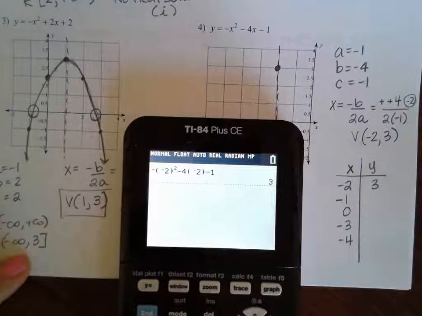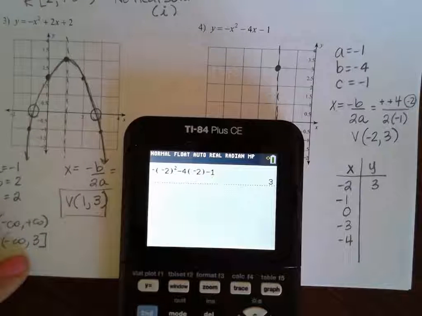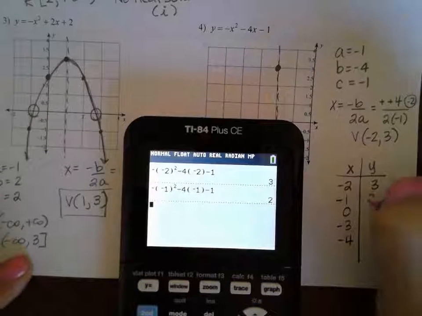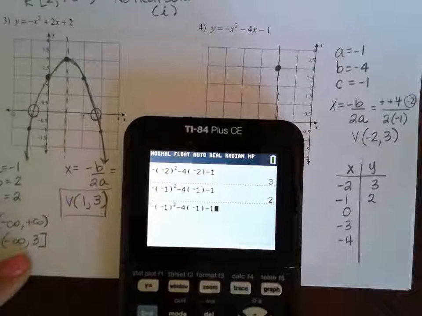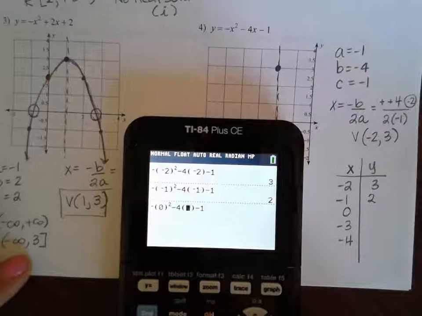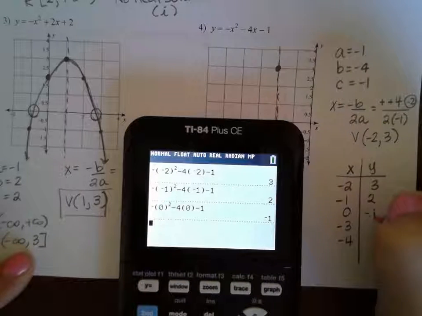All right, so second enter brings it right back up for us. We're going to make this be a negative 1, and that'll be a negative 1. Hit enter, we get 2. Second, enter, brings it right back up again. Put a 0 in, put a 0 in, we get negative 1.